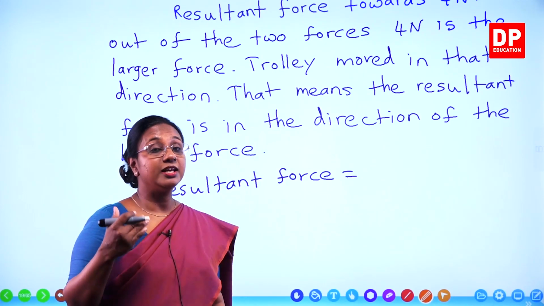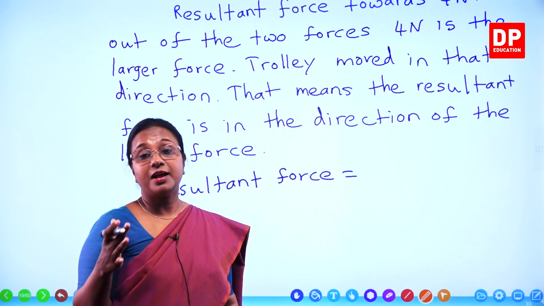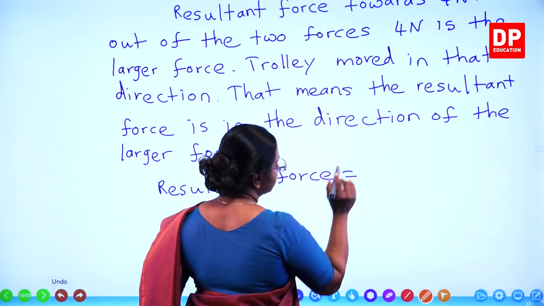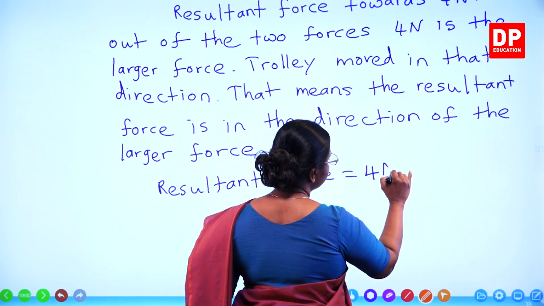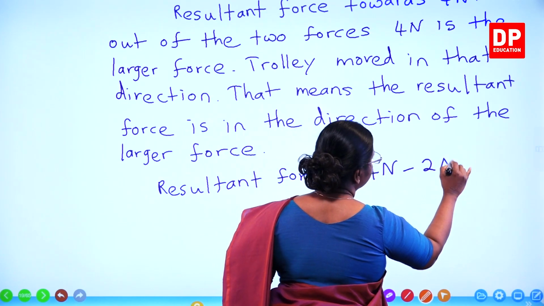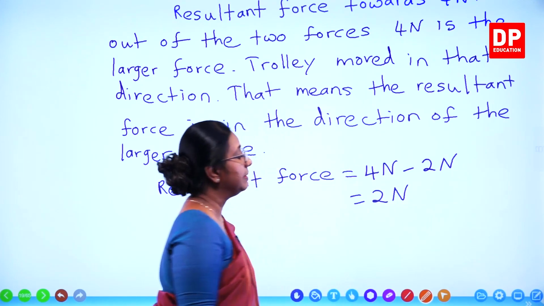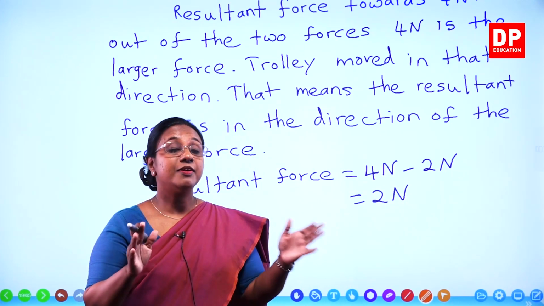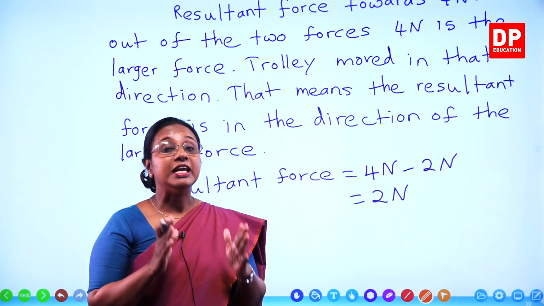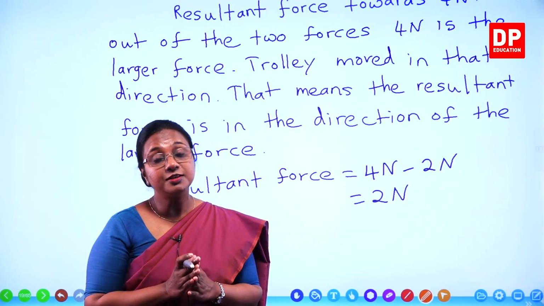Earlier also, to get the resultant 0, we subtracted one force from the other. So here, from the large force, we subtract the smaller force. So the resultant force will be 2 Newton. Difference between the two forces in the direction of the larger force.